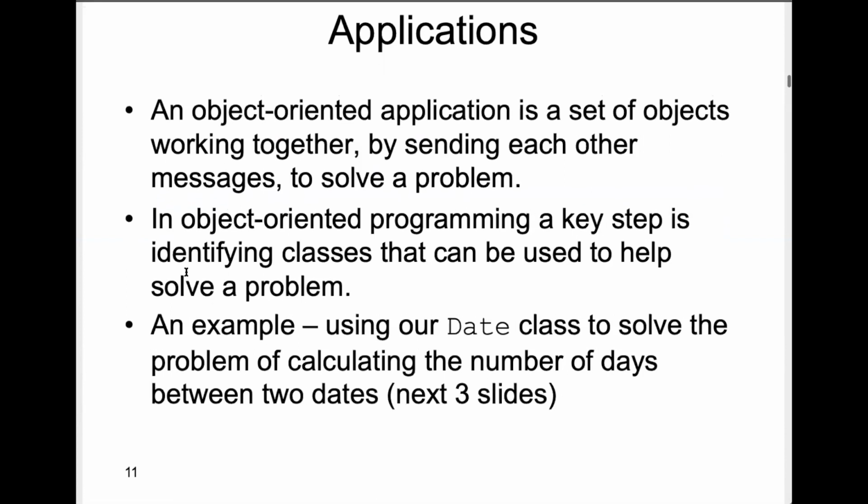All right, so we talked about classes. We also talked about objects. So let's talk about applications. An application is a collection of these objects. So in object-oriented applications, you have these objects interrelated with each other. They're working with each other, communicating and transacting information with each other. They're sending each other messages, which is a very interesting idea.